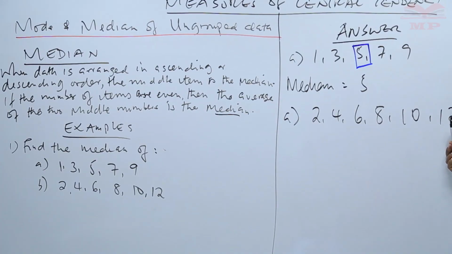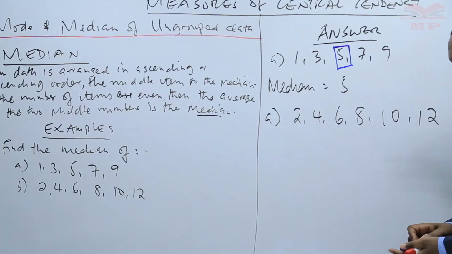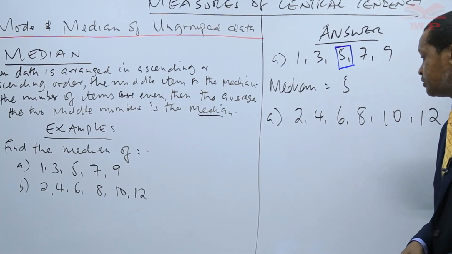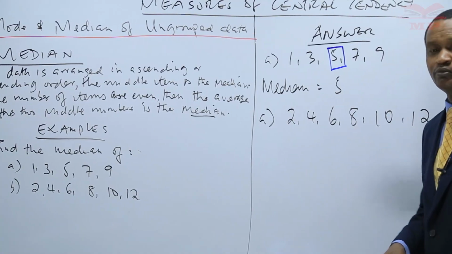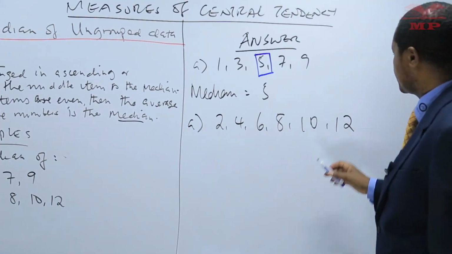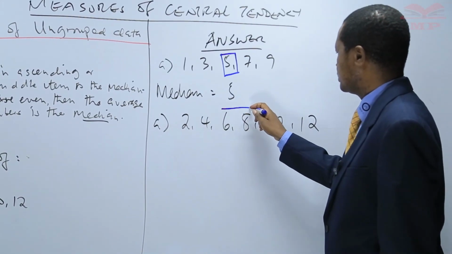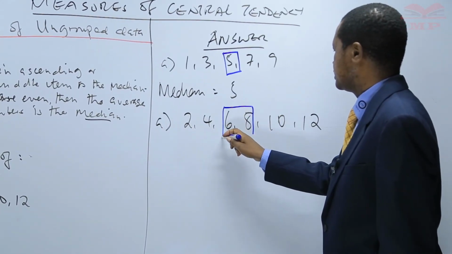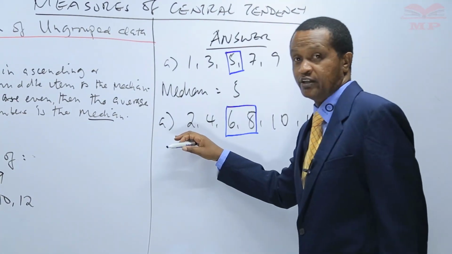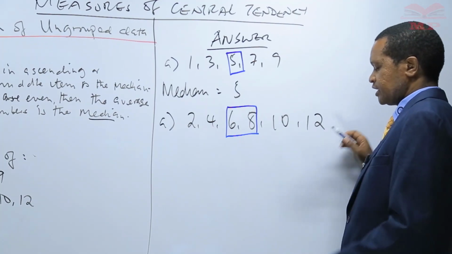If you are dealing with an even number, then the average of the 2 numbers that appear at the middle of the data will be the median. The 2 numbers at the middle are 6 and 8, because there are 2 numbers to the left of 6 and 8 and 2 numbers to the right.